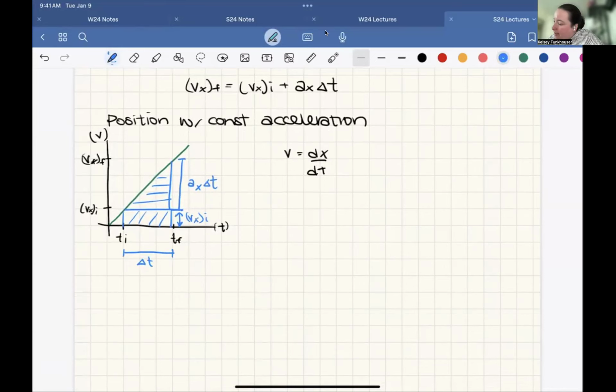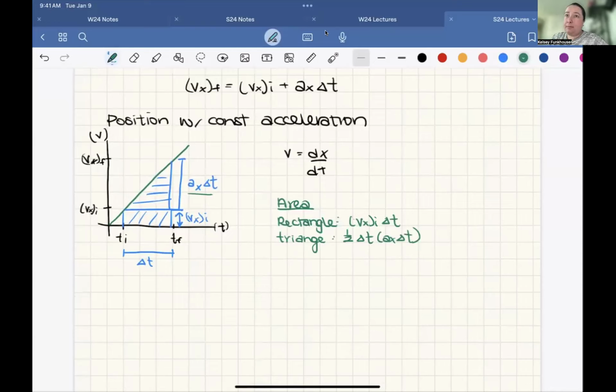So we can look at the area for each of these, because again, I said it's the area under the curve. So the rectangle, that's just the sides times each other. So the area is Vx initial times the time interval, and then the triangle, that's 1/2 base times height. The base is delta t, and the height is this, so ax delta t.